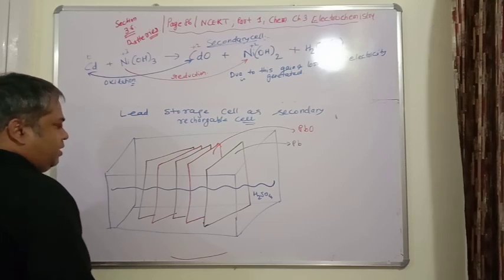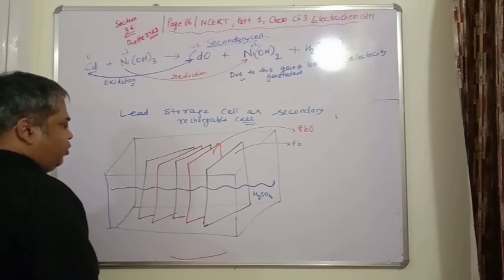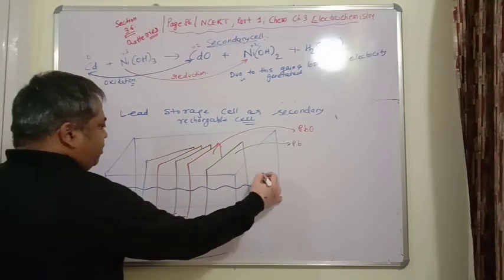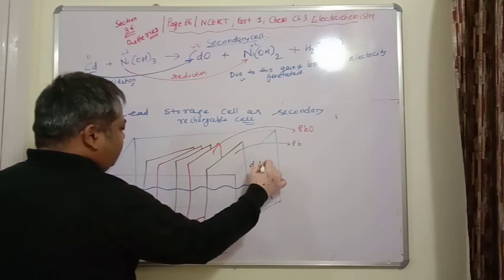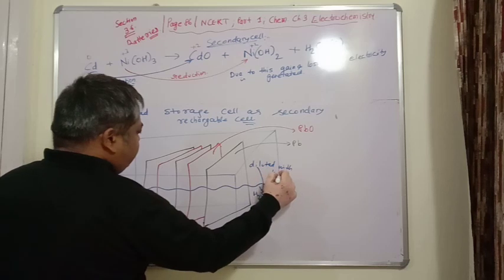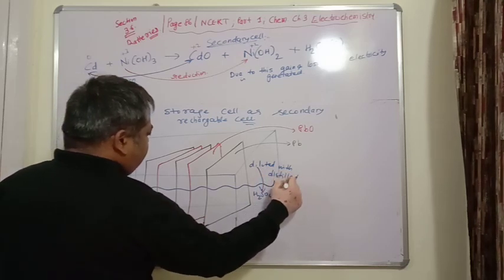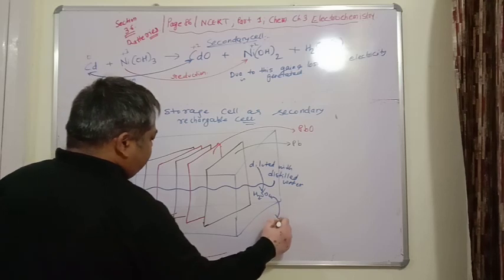Then what happens? In the car battery repairing shop, they put distilled water in that. Alright. So if they will put distilled water in this, diluted with distilled water, so this becomes more conducting.